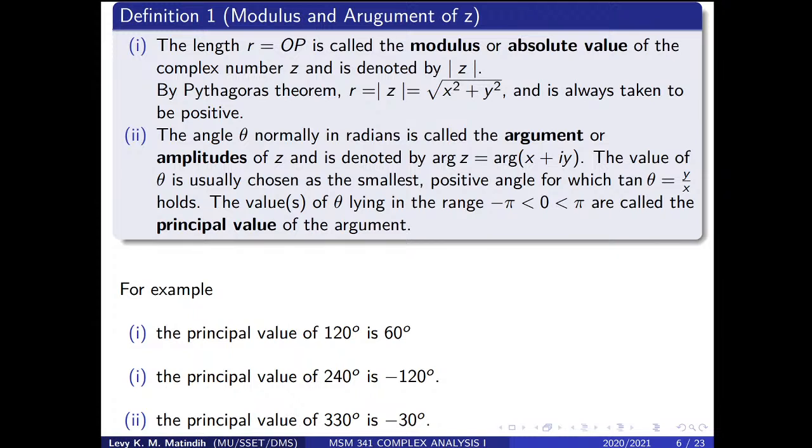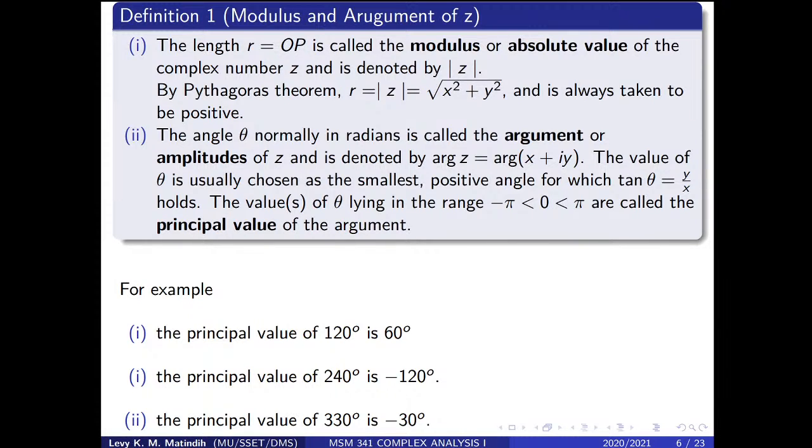So the 240 is in the third quadrant. If it's in the third quadrant, that means the principal argument, the principal value of this 240 degrees, is the negative of 120 degrees.